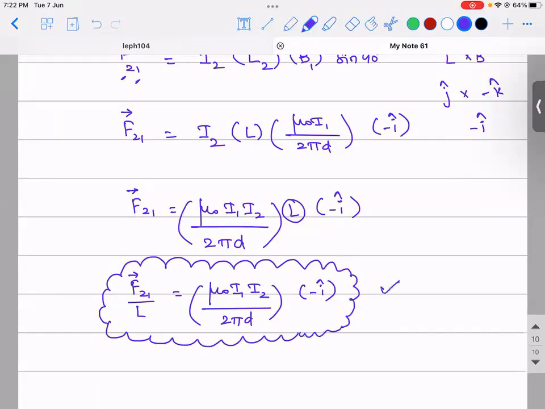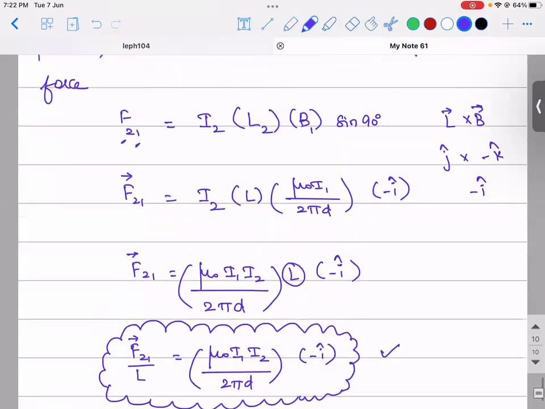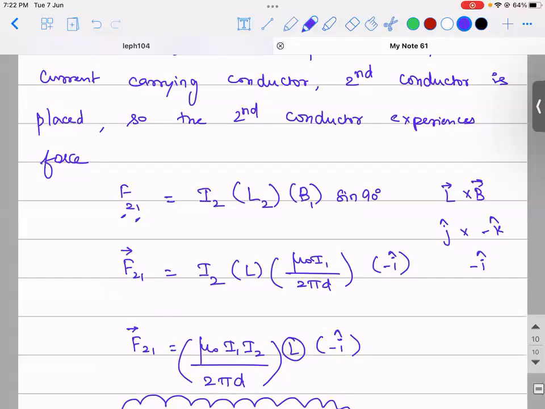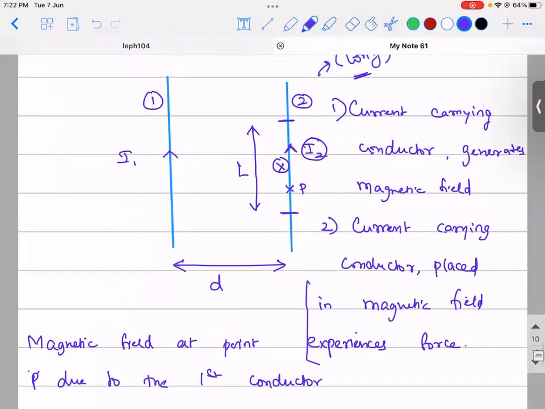So this will be the force experienced by the second current carrying conductor due to the magnetic field produced by the first current carrying conductor. Done?